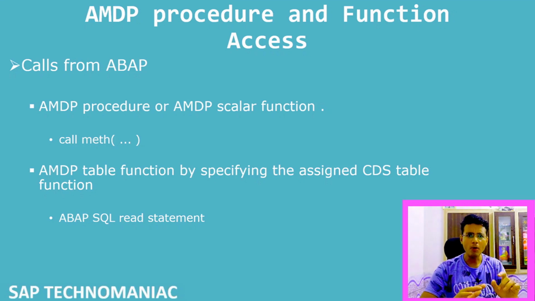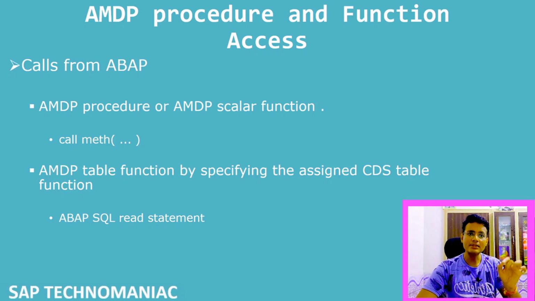You already know from my previous videos that we have discussed the basics of AMDP procedures and CDS table functions. An AMDP procedure in ABAP is called like a normal ABAP method. There is no difference, and if you are calling it in day-to-day programming in your report, it is called like a normal class method.